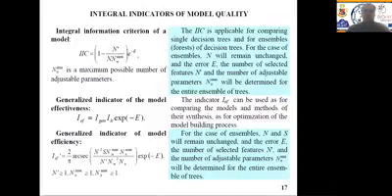So on the current slide, slide 17, I propose several integral indicators combining the previously proposed indicators for separate properties. It's an integral information criterion of a model. Also, it's a generalized indicator of the model effectiveness and a generalized indicator of model efficiency.